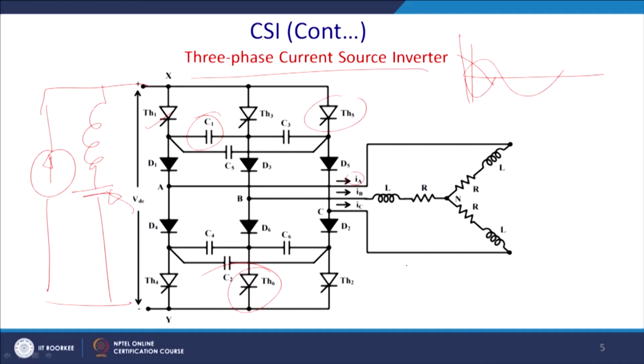So, students are requested to simulate this circuit with the thyristors, and they are familiar with the 120 degree mode of conduction and 180 degree mode of conduction. For the VSI, I want the same task to be performed with the CSI.